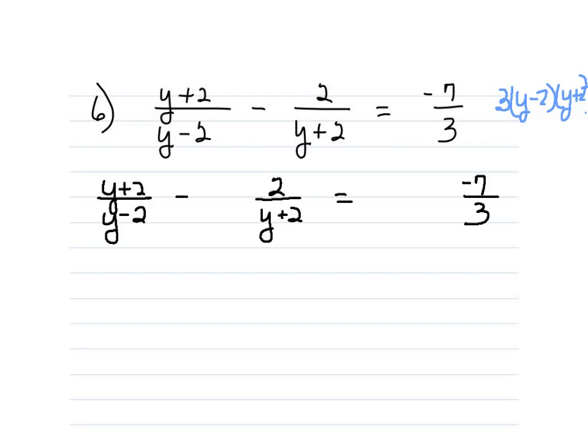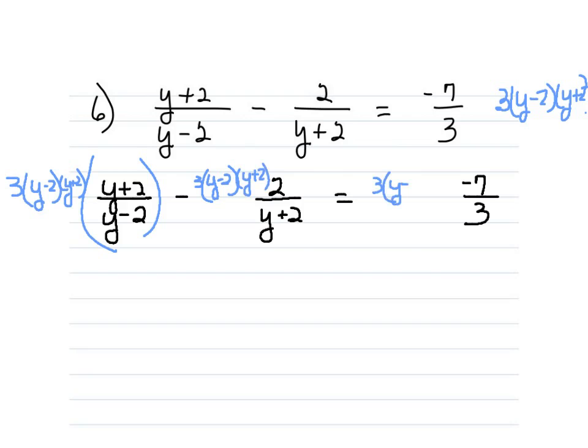All right, let's multiply every term by my least common denominator. So I'm going to multiply this by 3 times (y - 2)(y + 2), 3 times (y - 2)(y + 2), and 3 times (y - 2)(y + 2).